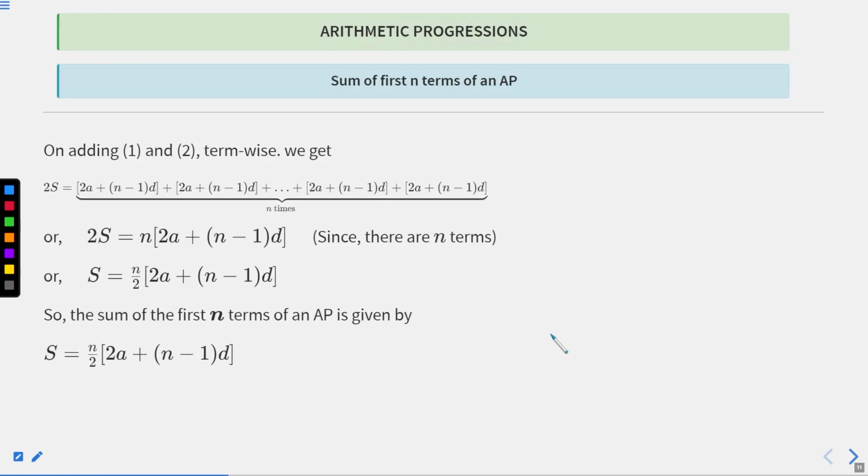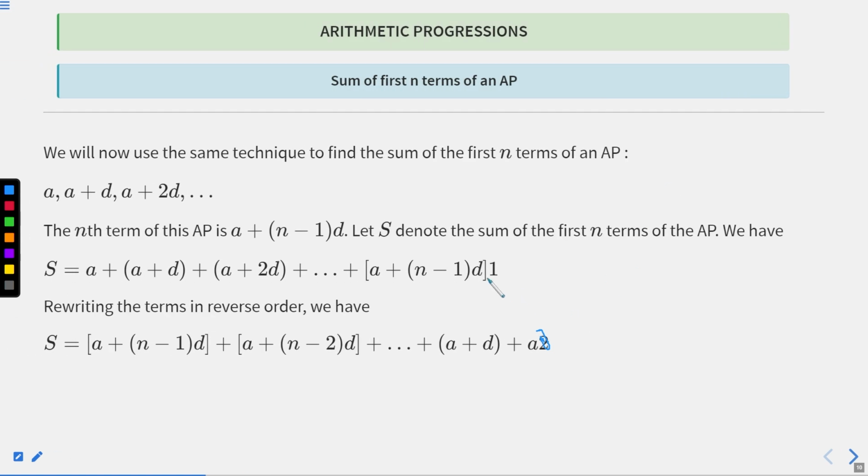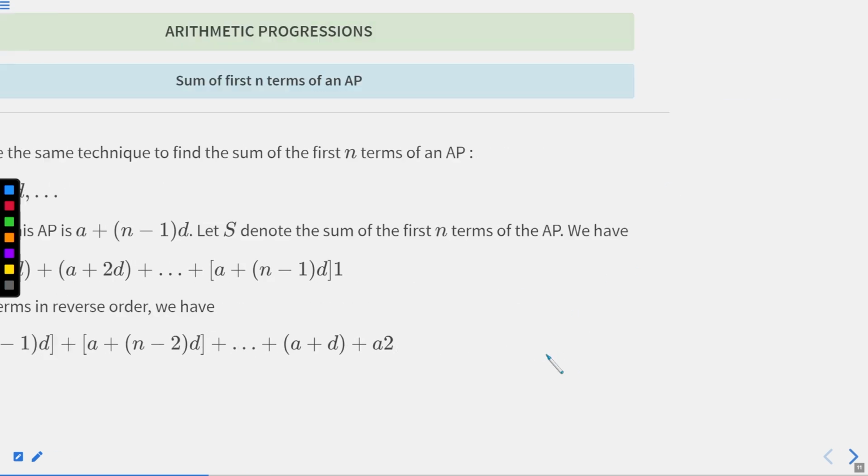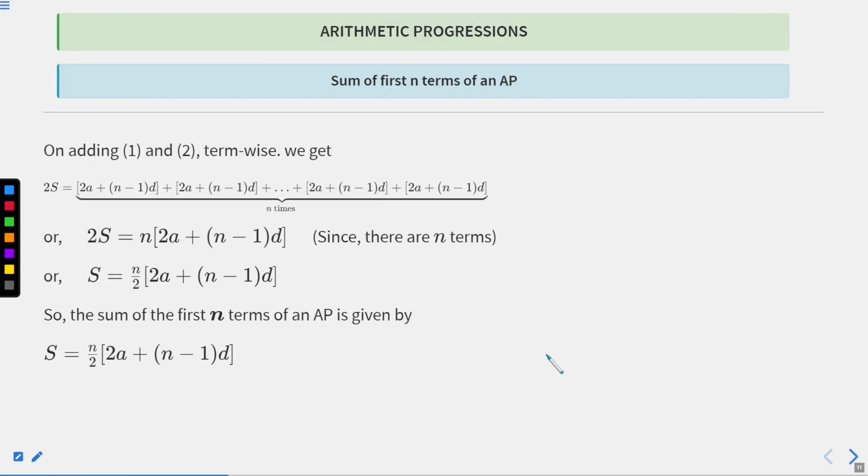Now we add the first and second expressions term wise. If we add them term wise, we get 2 times S equal to 2A plus n minus 1 times D, plus 2A plus n minus 1 times D, plus dot dot dot, plus 2A plus n minus 1 times D. And this is added n times.